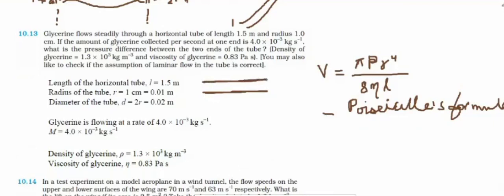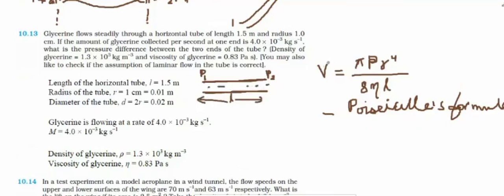If P1 and P2 are the pressures, then P1 minus P2 will be the pressure difference, which is represented by P. r is the radius of the pipe, eta is the coefficient of viscosity, L is the length of the pipe, and fluid is flowing through the pipe.